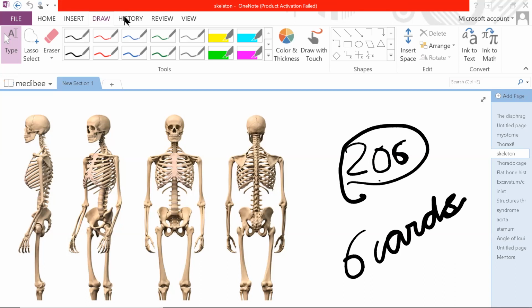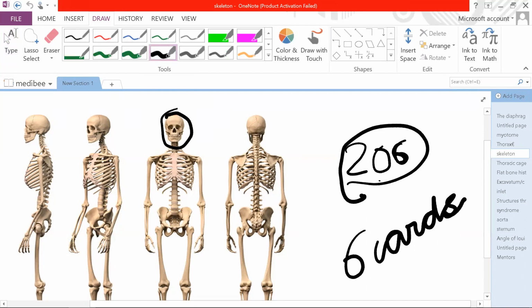So what happens is that we have to study like 6 cards in anatomy. There are 6 cards. Within this section we will have brain and eyeball and head and neck. The next card will be from this section, which will be thorax.